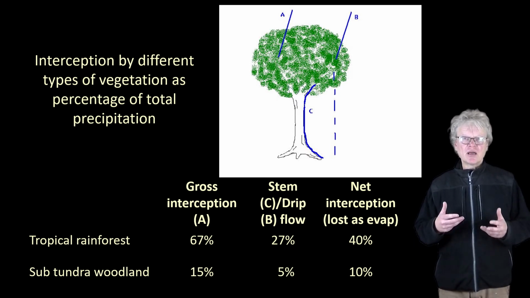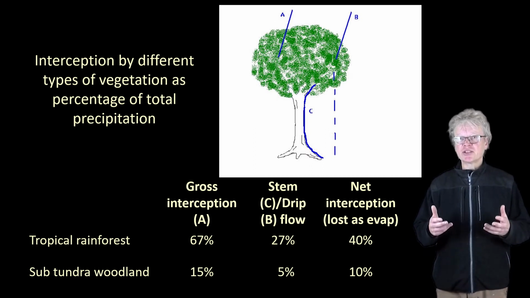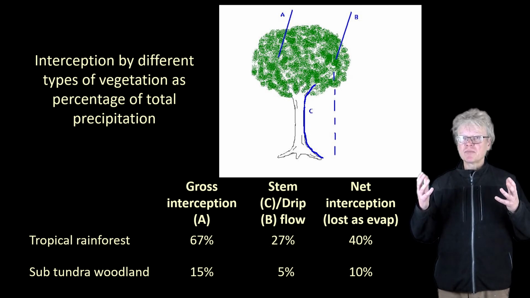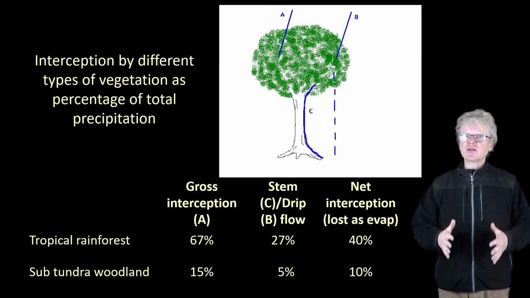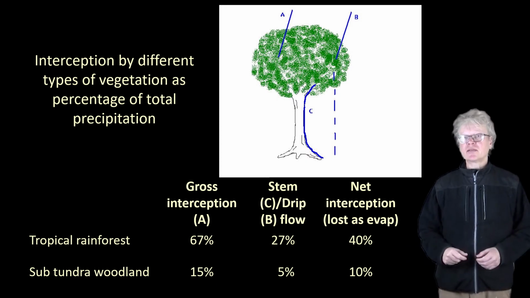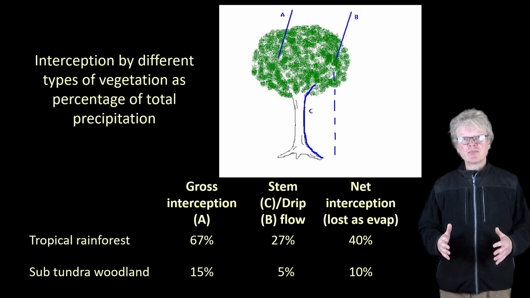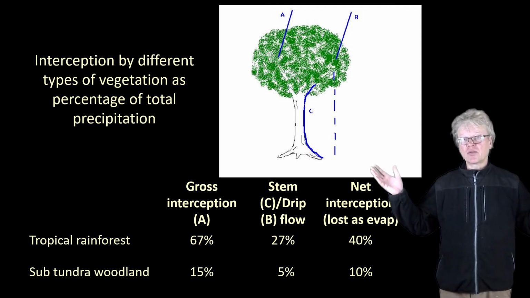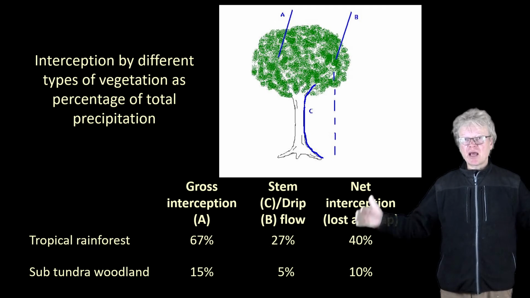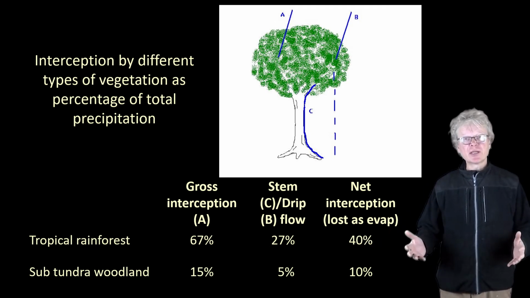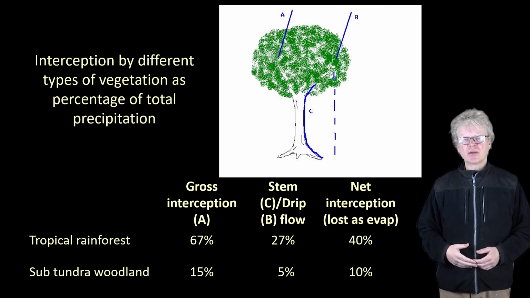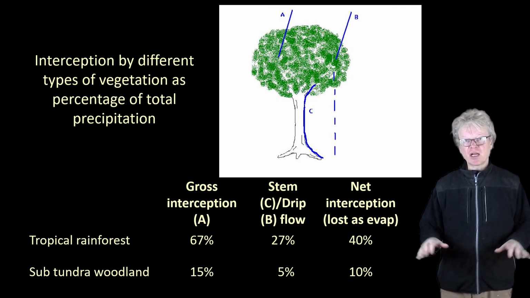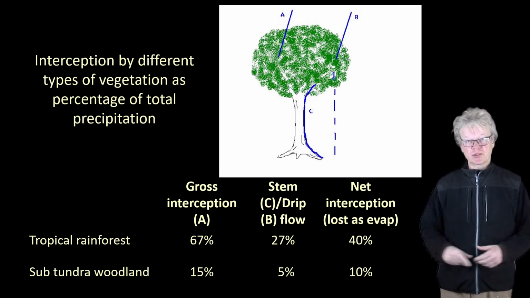Now, while a significant amount of that will be lost as evaporation, an adaptation of vegetation is that it actually collects the rainfall and either channels it down through the stem, which we call stem flow, so that it is concentrated near the roots of that particular tree, or other trees collect it on the leaves and then drip it at the drip line of the tree, similarly aimed at increasing the amount of moisture available to those trees' root systems.